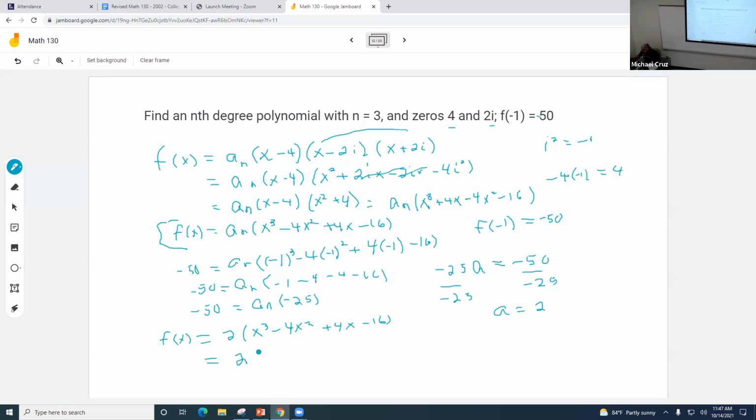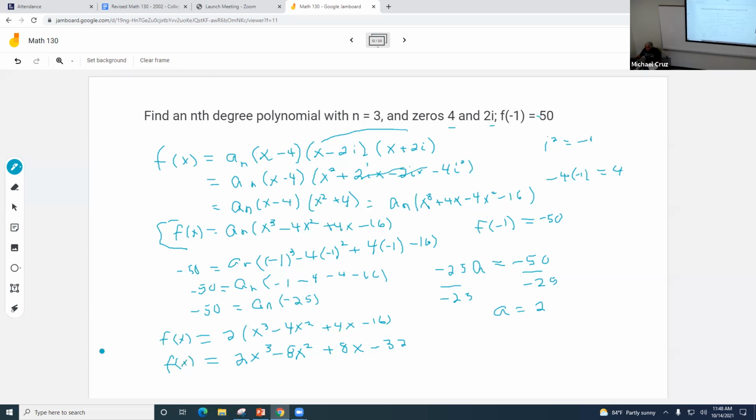So 2x cubed minus 4x squared plus 4x minus 16. I'm sorry, 32. Not multiplying. So 2 times 4 is 8, negative, sorry. So I'm just multiplying each of these by 2.